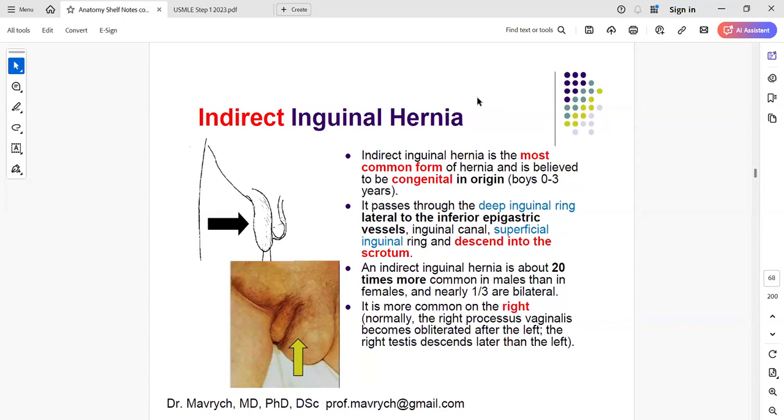So DM and IL. That's it. Nothing else to remember. If you guys remember these two things, you guys are good to go. They ask this in your world, that indirect hernia, what would be the route? It's always lateral to the inferior epigastric vessel, and the direct one would be medial.